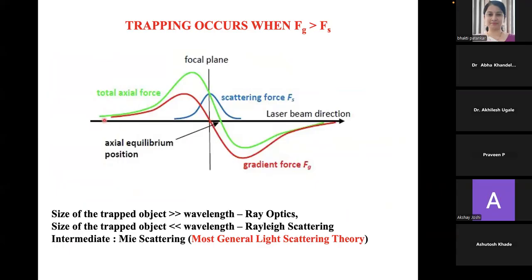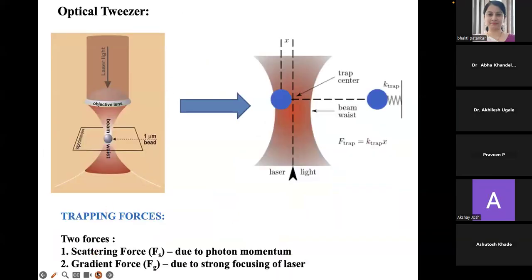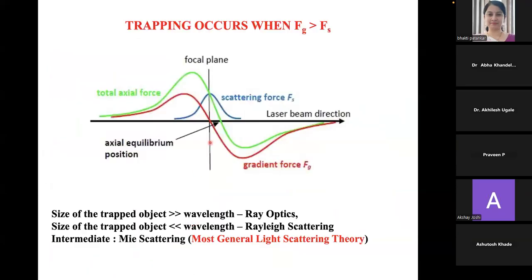Now, what we saw here, the two forces, the scattering force and the gradient force, are plotted out nicely for you here. So in red, you see the gradient force. It is passing through 0, right? Now in blue, you see the scattering force.